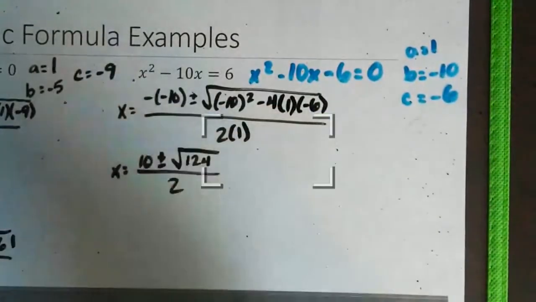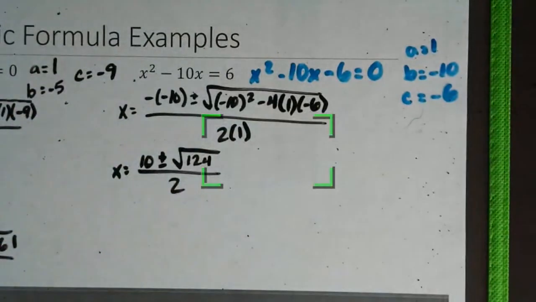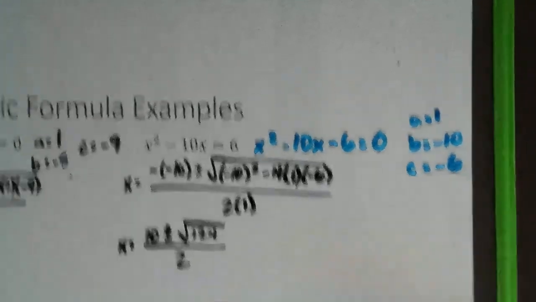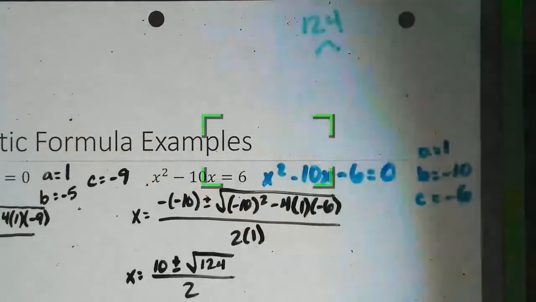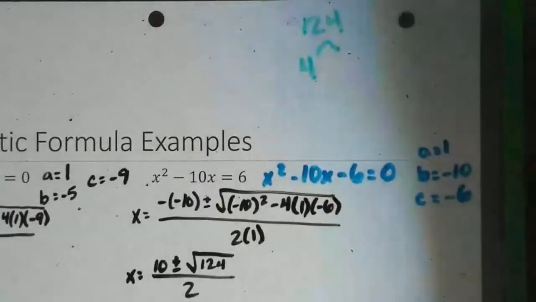all over 2. So we need to see if we can do anything with that square root of 124. So let's go ahead and find the prime factorization to see if that's going to reduce at all. Starting with my 124, I bet it's divisible by 4.